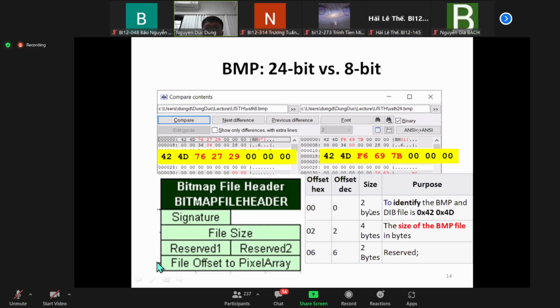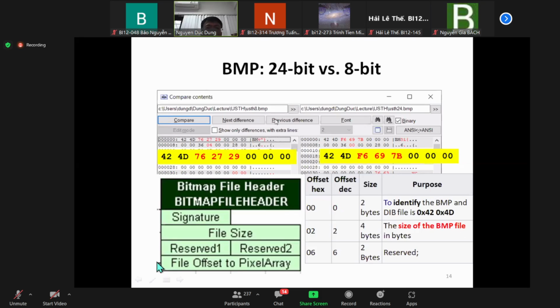The first 2 bytes identify the bitmap files, and the signature is 42 and 4D in hexadecimal. The next 4 bytes are for the size of the bitmap file.